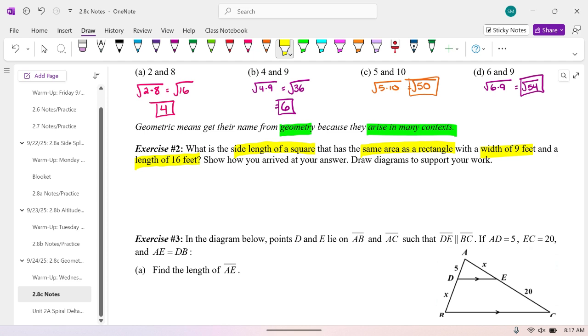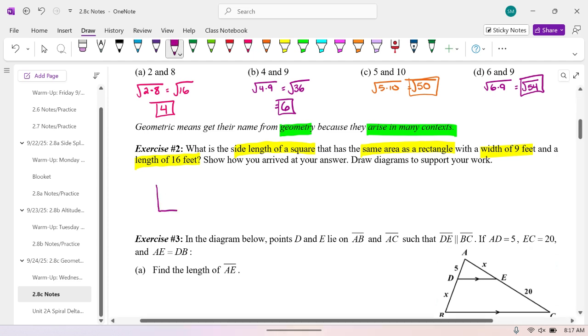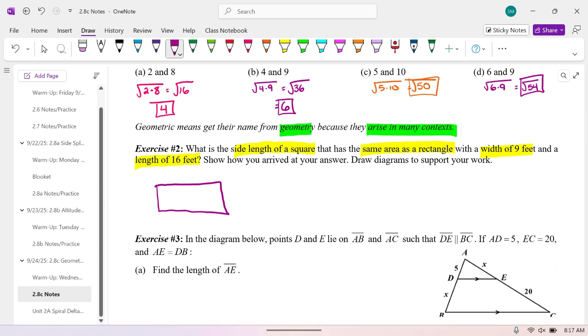If we have a rectangle with a width of 9 and a length of 16, they want to know that if we had a square, so all four sides are congruent, what would the length of one side be? Let's call that x.